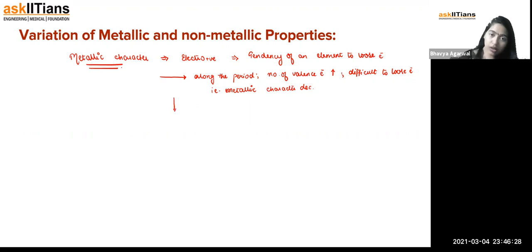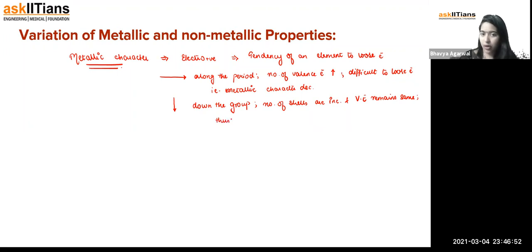Whereas if you move down the group, what happens? Your number of shells are increasing, and valence electrons remain the same.